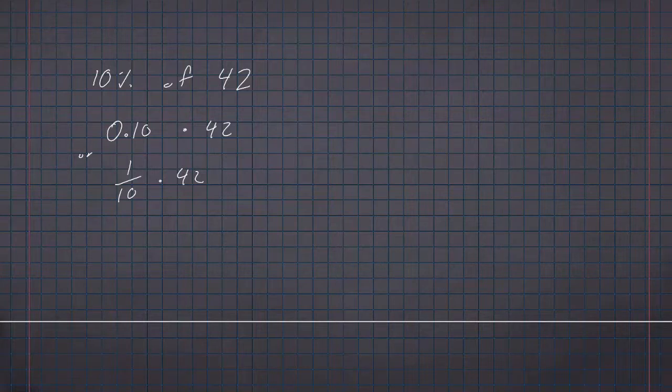Either way, it will give you the same value. And I am going to want to write out my results as decimal values most of the time when I'm talking about percents. So either way you look at that, you do end up with 4.2.